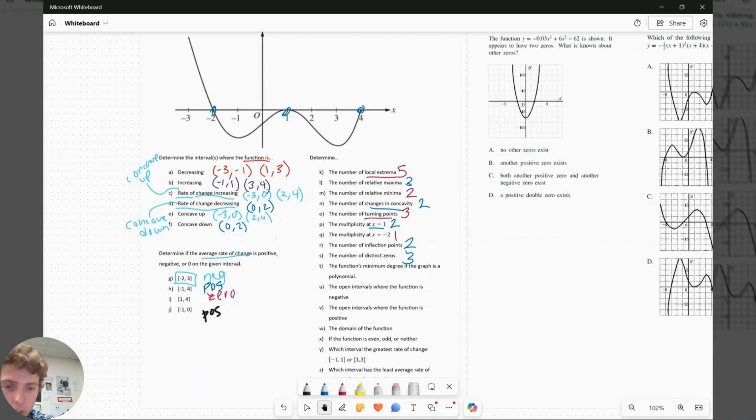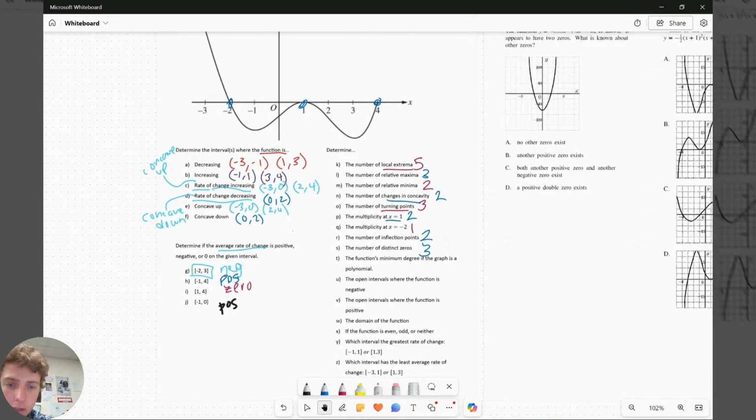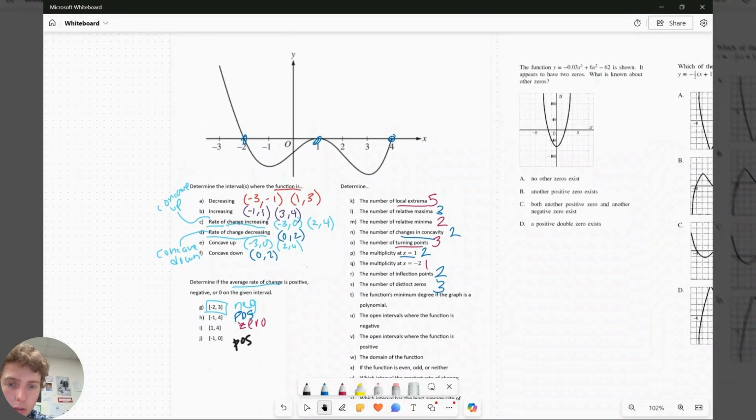Continuing, the function's minimum degree if the graph is a polynomial. Well, we said that the multiplicity at these different spots was multiplicity 1, multiplicity 2. And this one looks like if you were to draw that line, it'd keep going through, right? It's just an x-intercept. I believe that one would be multiplicity 1 as well.